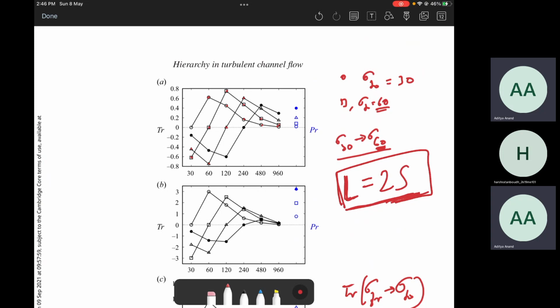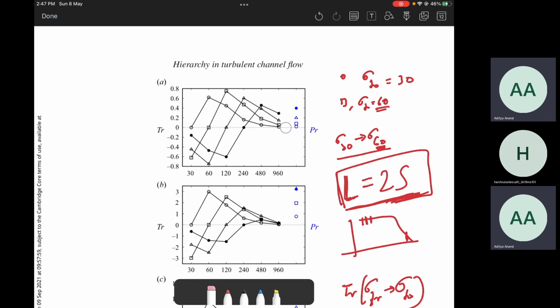A scale of size L can interact with a smaller scale of size L by 2 and a larger scale of size 2L, but it cannot interact with something very small like L by 100. There might be some interaction, but it's very close to zero. So these observations support the assumption of locality.